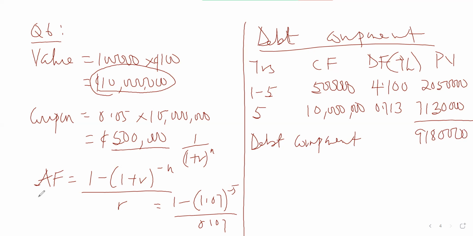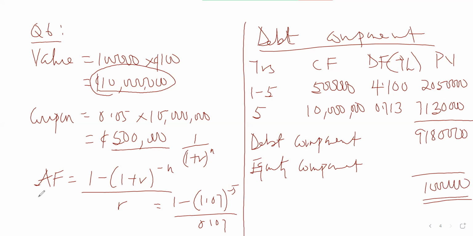But what is the today's value of the bond? Today's value of the bond is 10 million. So after discounting the cash flow, it should give us the 10 million, but it is not giving us the 10 million.